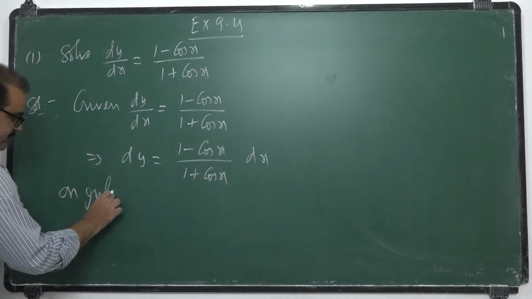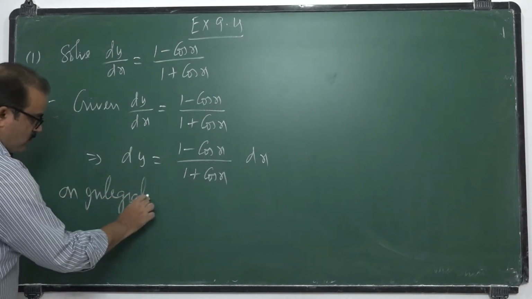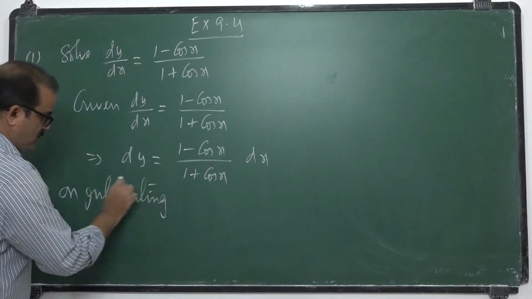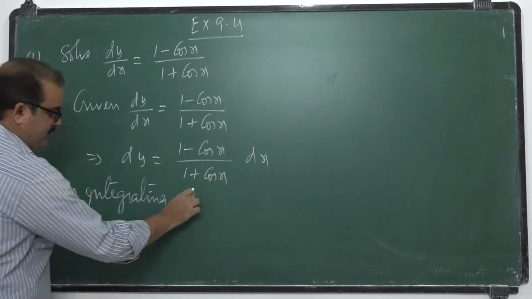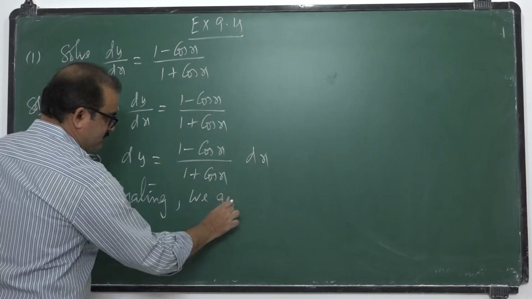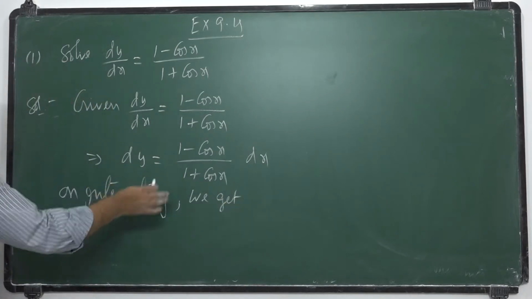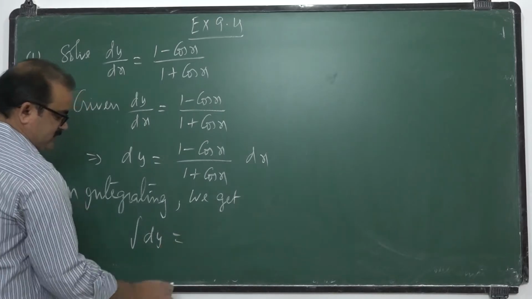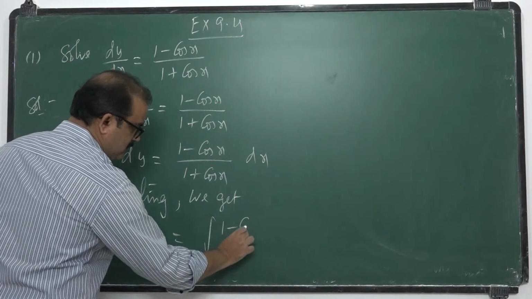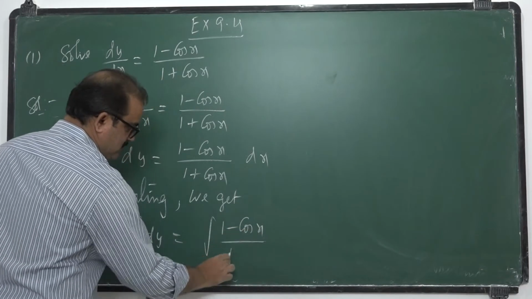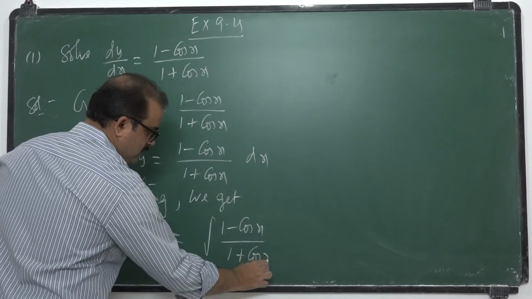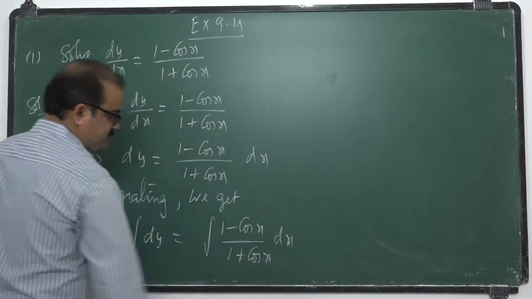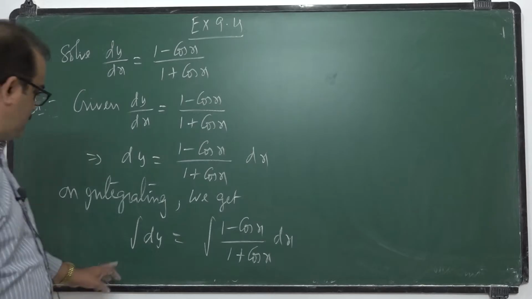On integrating, taking integration on both sides, integral dy is equal to integral 1 minus cos x by 1 plus cos x into dx.